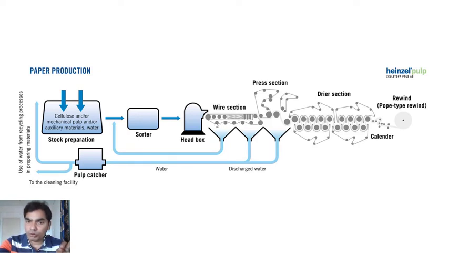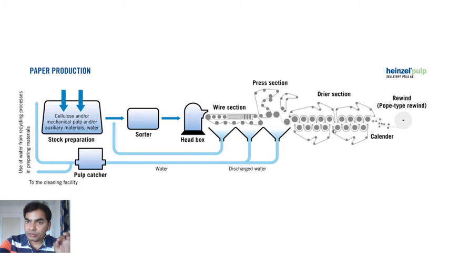Your paper will roll here, and the water part will come here, discharging water, and then it will go to here. These are the rollers again rolling, and it will go here and here like this. So this is the movement of your paper.